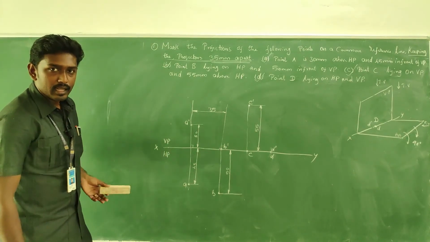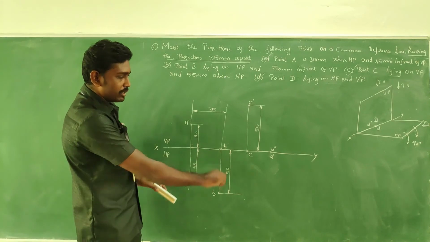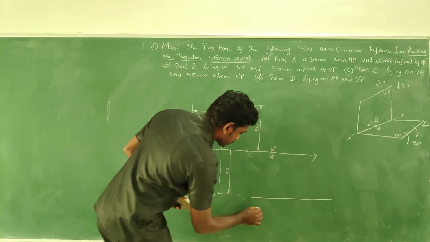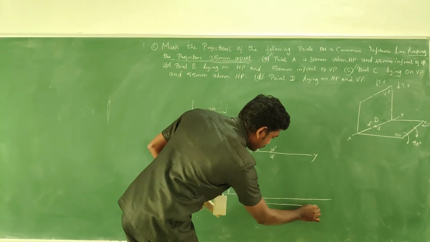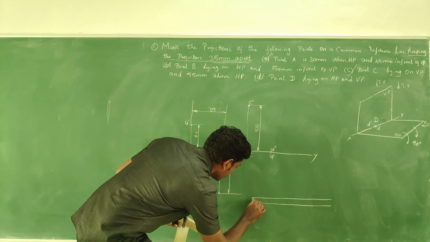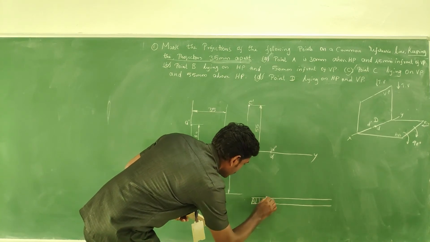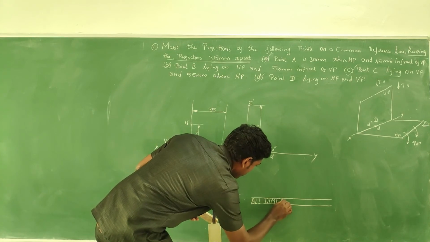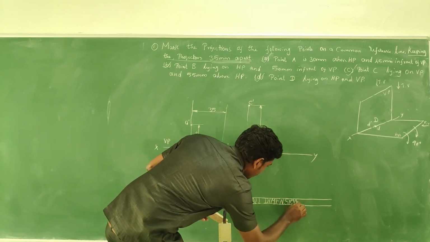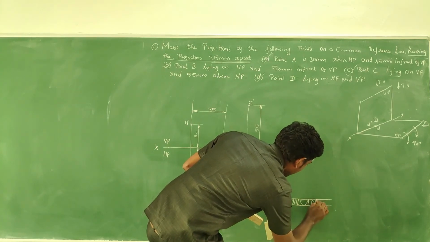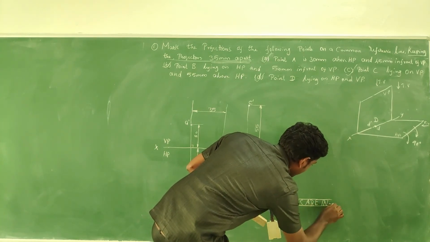Then what about the note? How do we capture that all dimensions are in mm? Take the guidelines here and write: all dimensions are in mm.